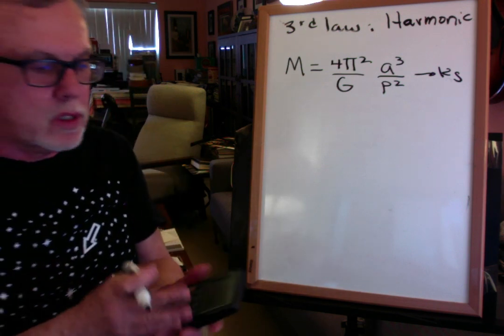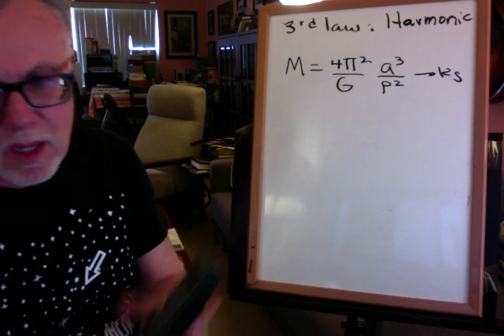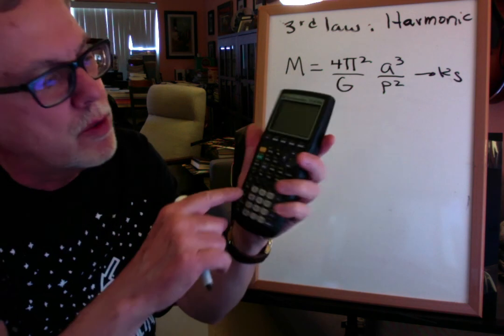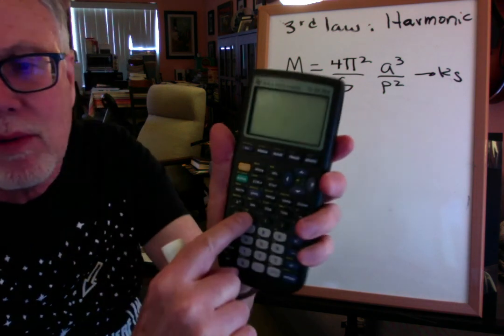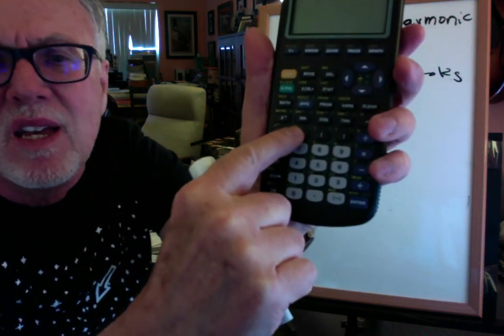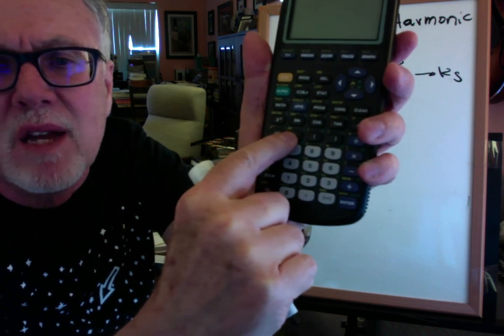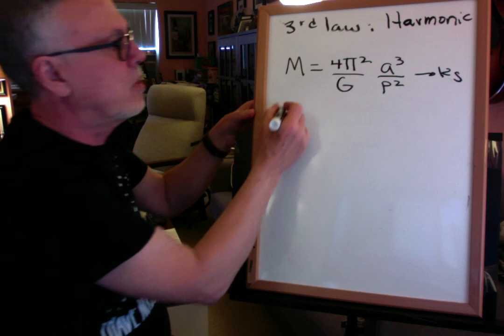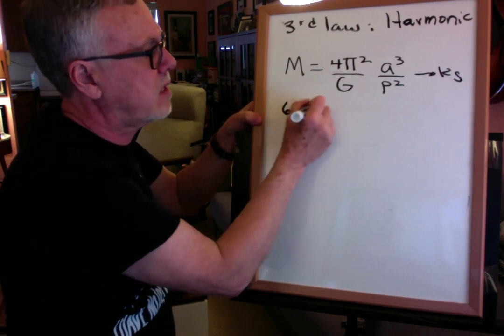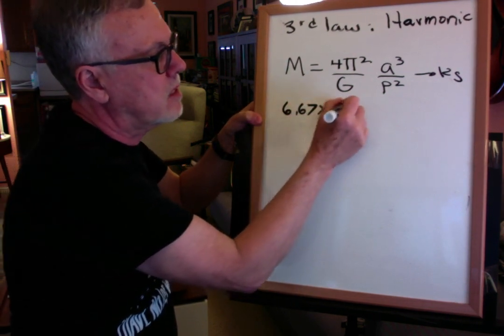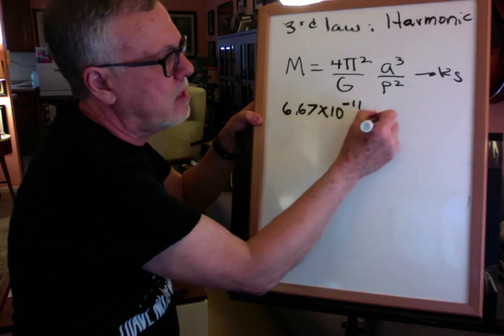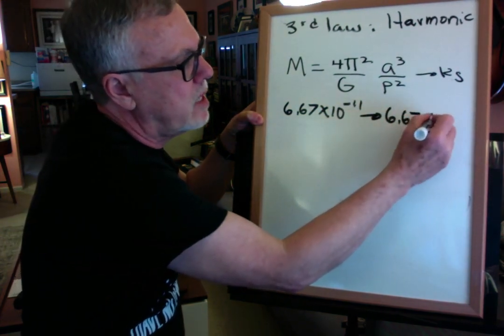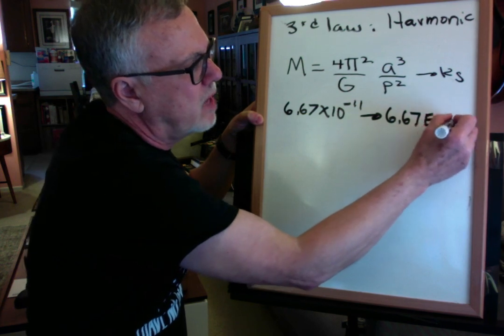How do you do scientific notation? If you have a big calculator like this, they have lots of controls, and right down there says double E. And so to write, as an example, 6.67 times 10 to the minus 11, the way I write that is 6.67 double E minus 11.